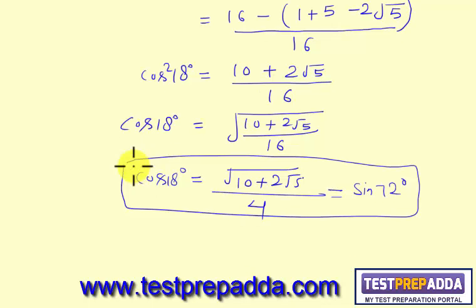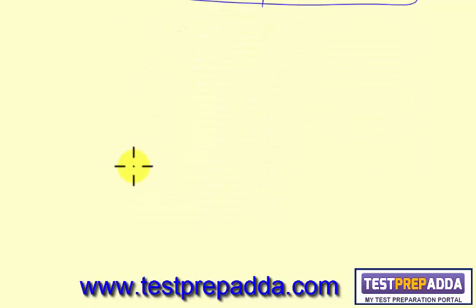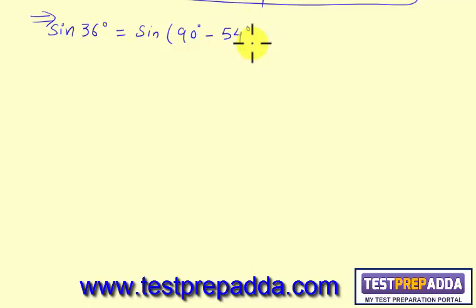Now after this, I'll try to find another angle, that is sine 36 degree. First of all, let me tell you, sine 36 degree can be written as sine of 90 degree minus 54 degree. What does it mean?